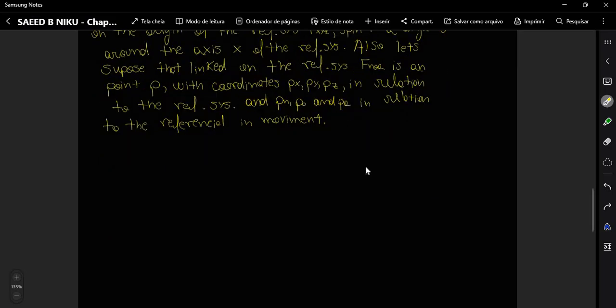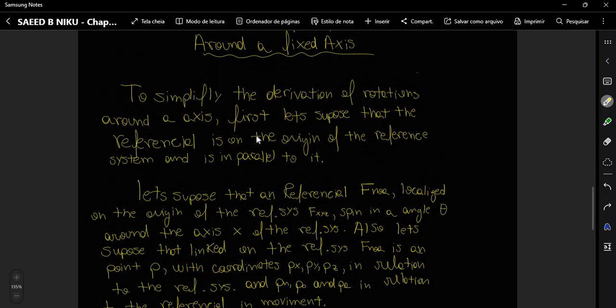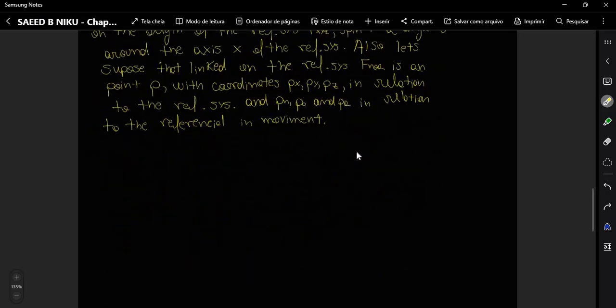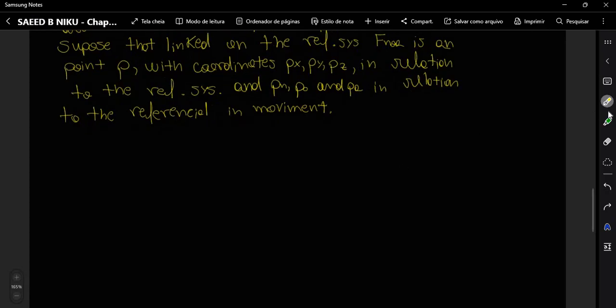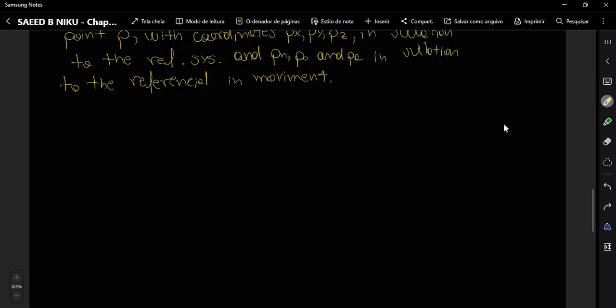I will introduce this context by drawing the reference systems. So let's draw the ref system XYZ.